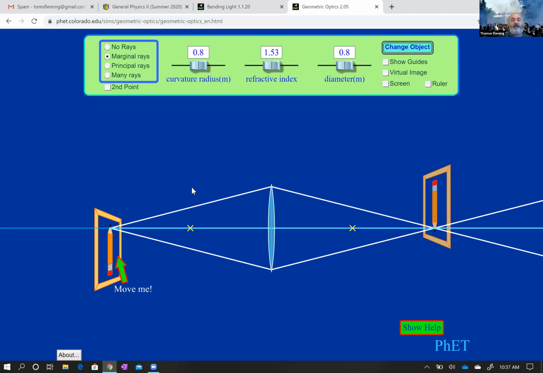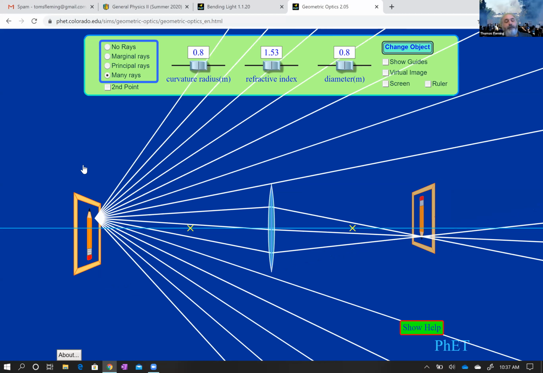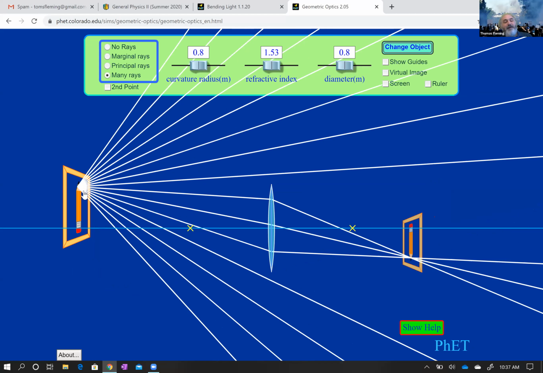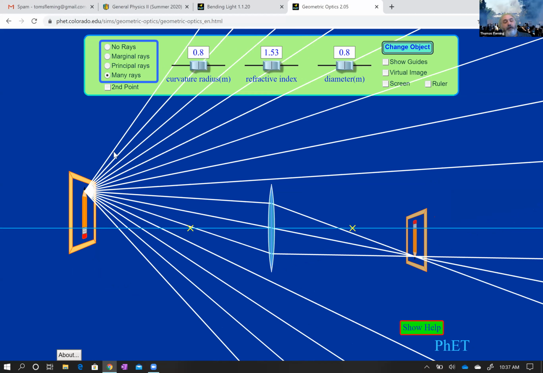So what I've got here is a lens, but I have a bit more control. I can change the index of refraction, and I'm going to turn on all the rays. So here's an object. And what I have is light leaving the tip of that pencil and traveling in a whole bunch of different directions.